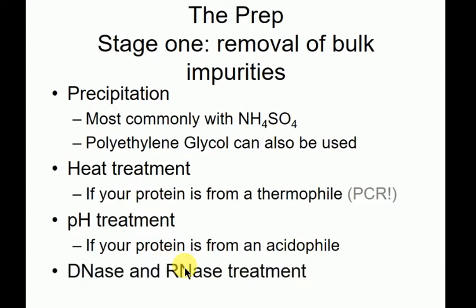DNase and RNase treatments can be important, right? When you crack the cell open, if you did sonication, those sound waves would shear the DNA massively. So sometimes in other applications like genomics, where you want to shear DNA, you'd use sonication.